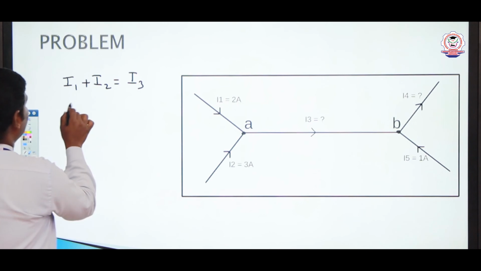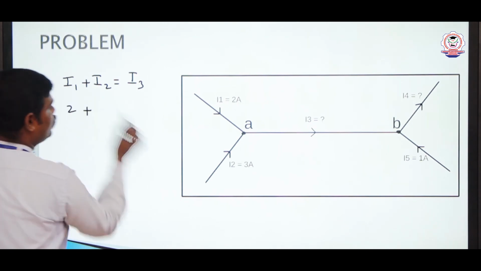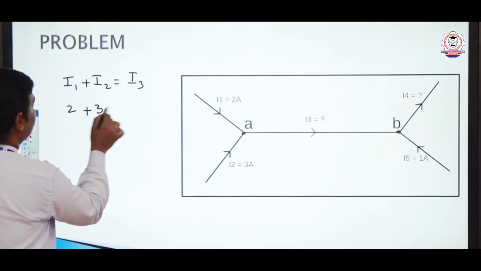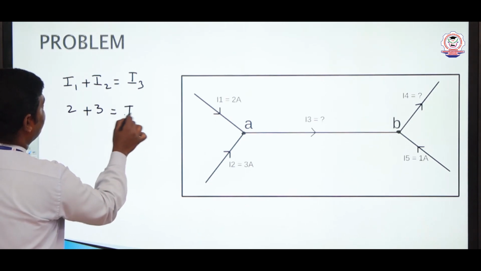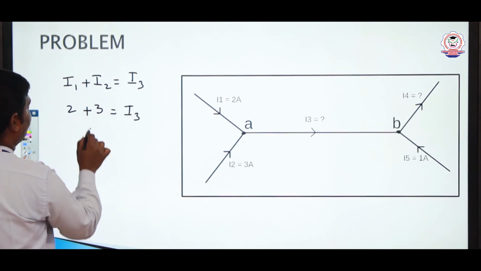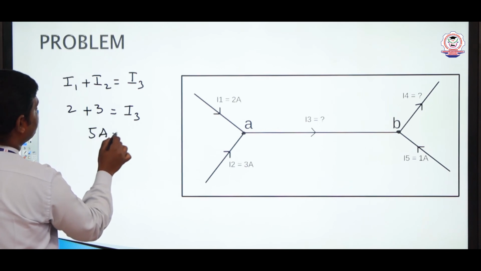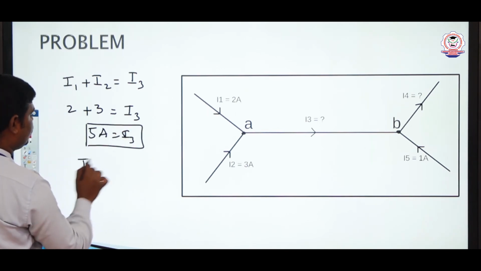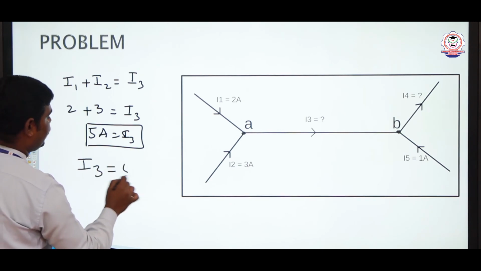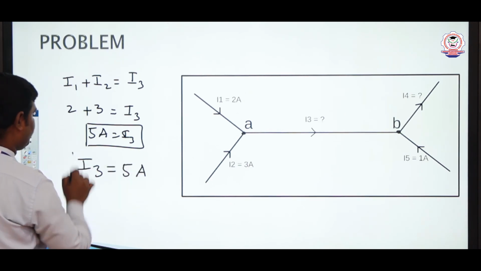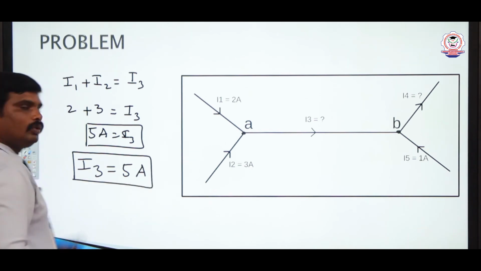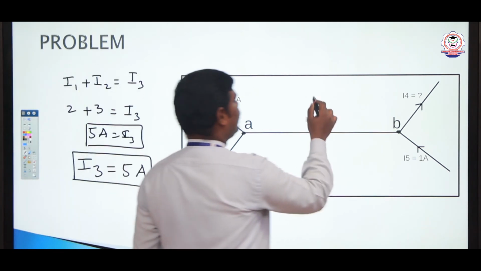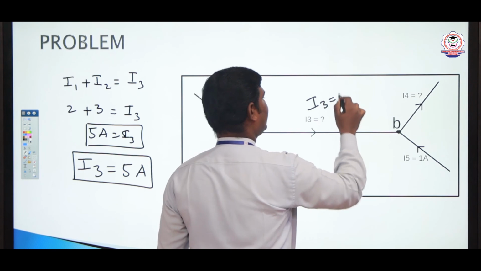So, I1 value 2 plus I2 value 3 is equal to I3. So, 2 plus 3 is 5. So, 5 ampere is equal to I3. So, I3 is equal to 5 ampere.